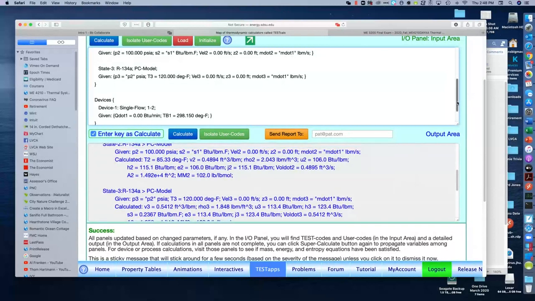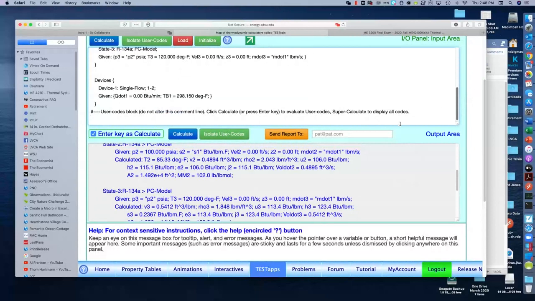Okay, so one of the nice things about the software is that in the input, you can have it do some calculations. One thing you can do is say, well, I want to highlight what H1 is.